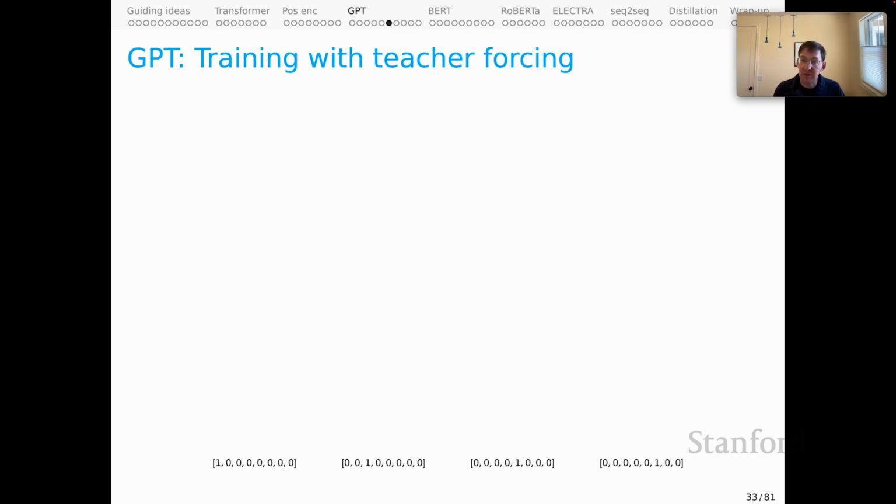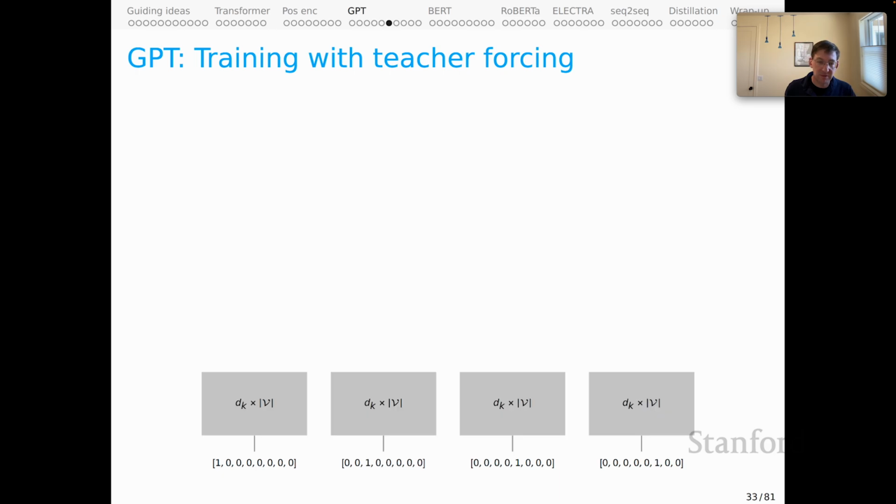So let's be really pedantic about this. At the bottom here, I have our input sequence represented as a series of one-hot vectors. These are lookup devices that will give us back the embedding representations for words from our embedding space. Here's our embedding space in gray, and we do those lookups, and that gives us a bunch of vectors.